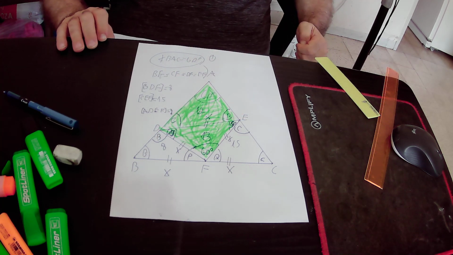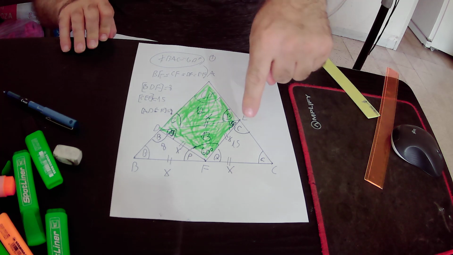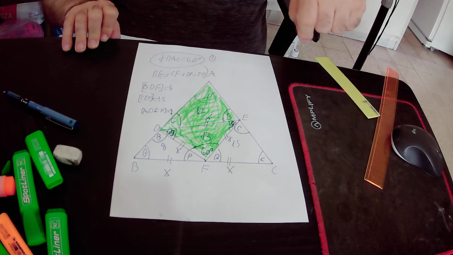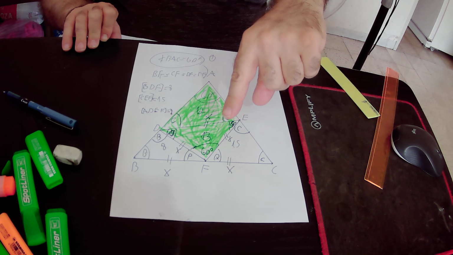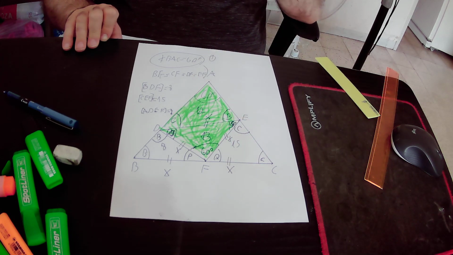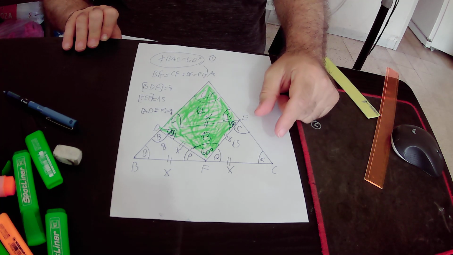And we repeated the same process in triangle FEC. In this triangle we have two sides that are equal to each other, side EF equals side FC, and according to rule number 2, in front of equal sides there are equal angles.